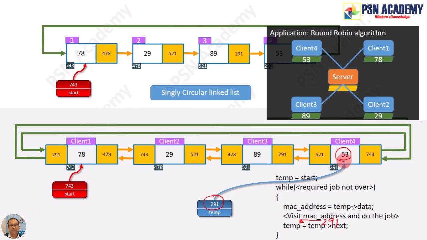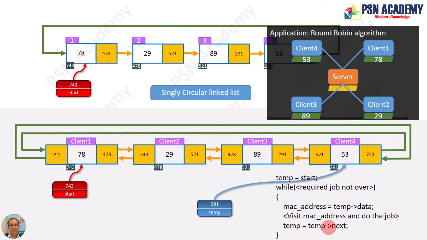So you take this thing, that is 53 temp data, you load it inside the MAC address variable, you go and visit the MAC address, this one, and do the necessary job there. After a small interval of time, you come back to update this temp variable or the temp pointer. Of course, pointer is a type of variable.